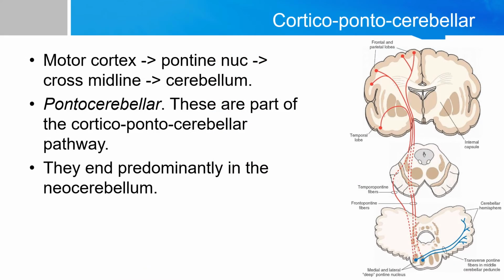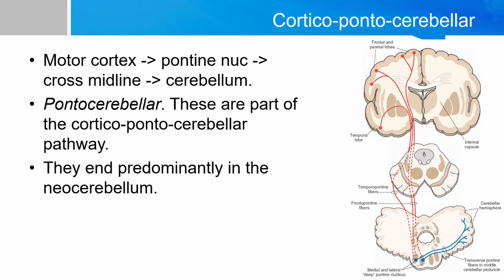The next big tract is the cortico-ponto-cerebellar tract. The fibers originate in the cerebral cortex, such as the motor cortex, the premotor cortex, and the somatosensory cortex, as well as the temporal lobes.